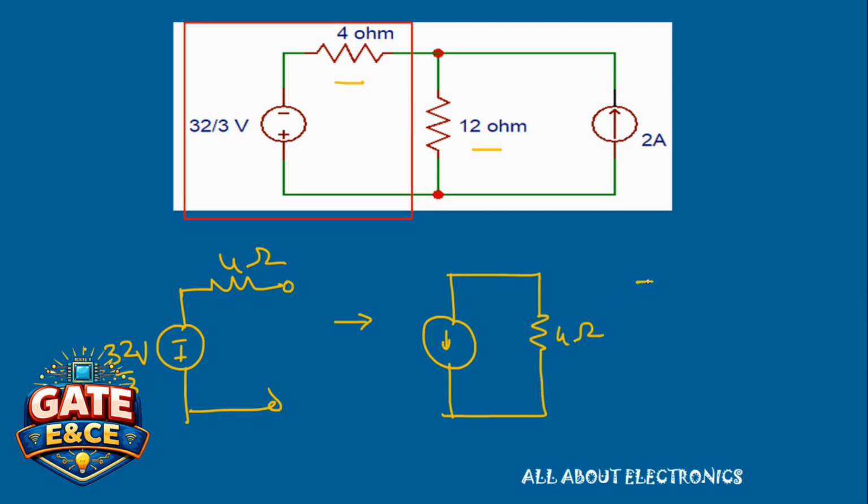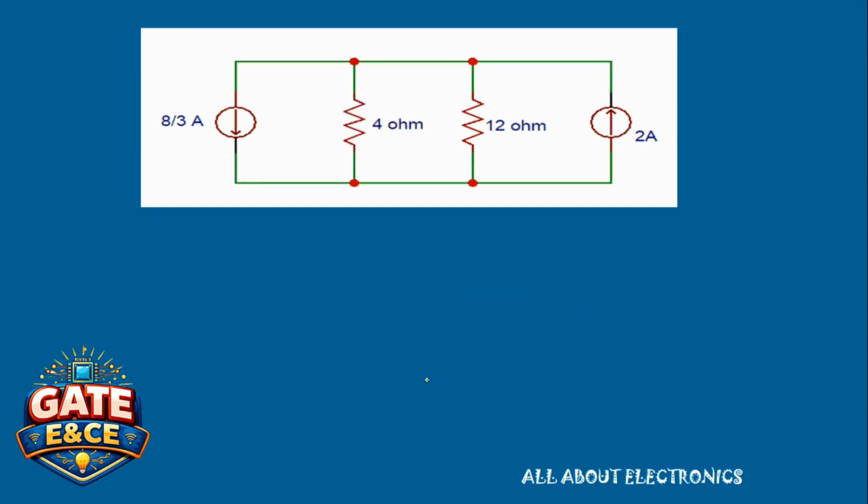And the value of the current source I is nothing but V upon R, that is 32 by 3 divided by 4 ohm, which comes out to be 8 by 3 ampere. So we can replace this voltage source with their equivalent current source, and the equivalent circuit now will look like this. It has an 8 by 3 ampere current source with 4 ohm resistor in parallel.